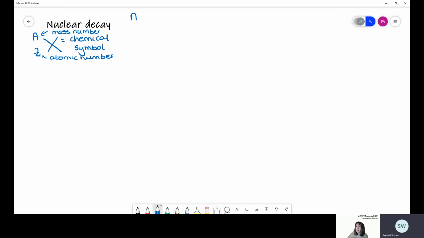So A, which is the mass number, is the number of protons plus the number of neutrons in the nucleus. Whereas Z is the number of protons in the nucleus, which is equal to the number of electrons when you have a neutral atom.